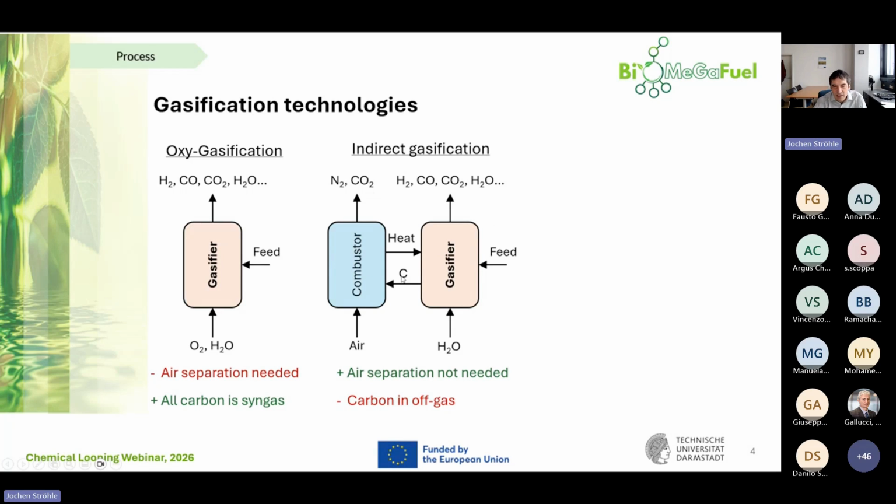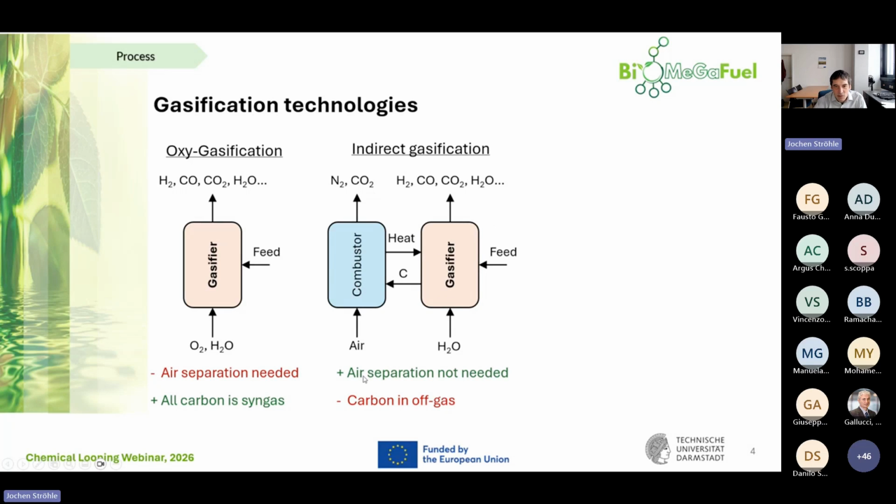Usually we have only a partial gasification in the gasifier, and the remaining carbon is then burned in the combustor to provide the heat. If this is not enough for heat production, it's also possible to have an additional feed of fuel into the combustor. The benefit is that we do not need pure oxygen, so no air separation is needed.